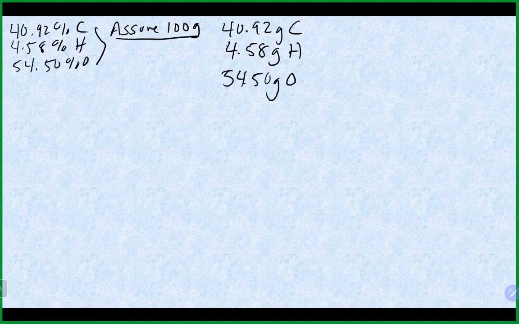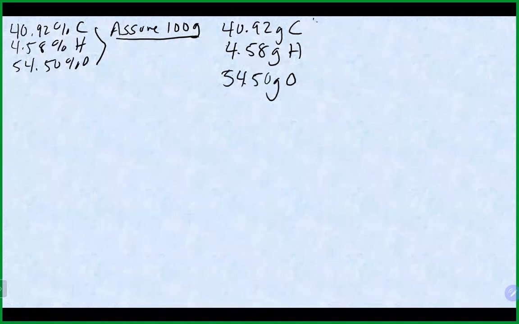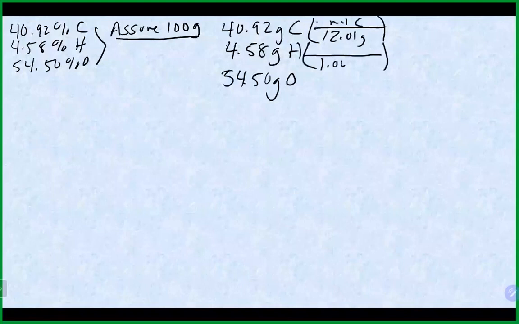The next thing that we want to do is convert all these into moles. That's going to require us to go to the periodic table. On the periodic table, we see that carbon is 12.01 grams per mole, hydrogen is 1.008 grams per mole, and oxygen is 16 grams per mole.